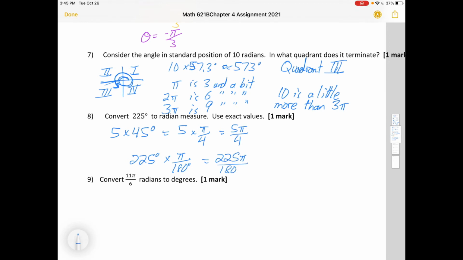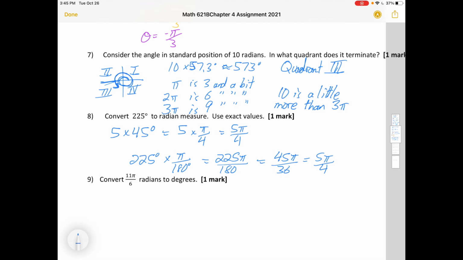Those are both divisible by 5, so what will you get? You get 45 pi over 36. Oh my gosh, those are both divisible by 9, and that's going to give you your 5 pi over 4. For something like this, since you can get it done so easily, there'd be the expectation that it's reduced.